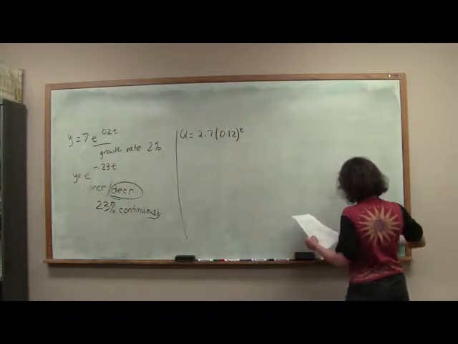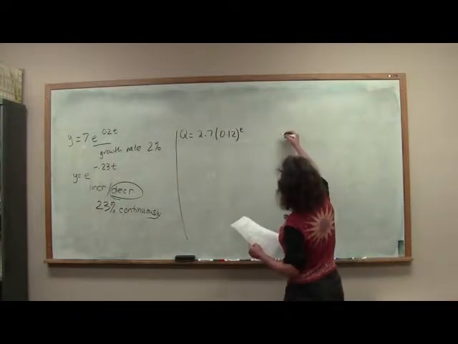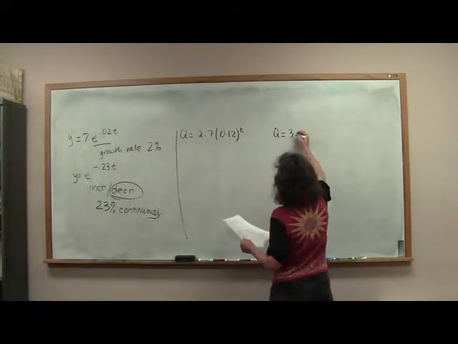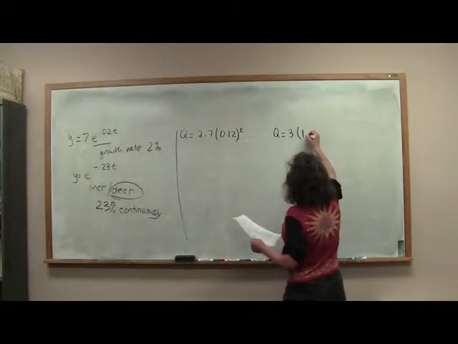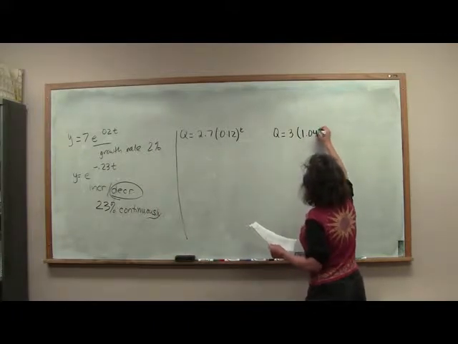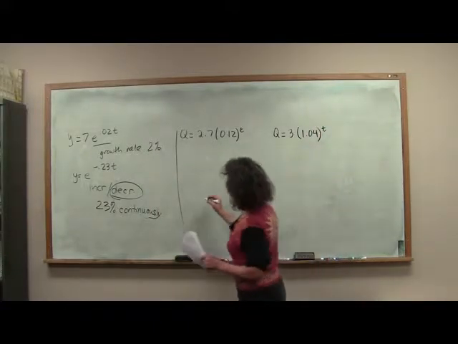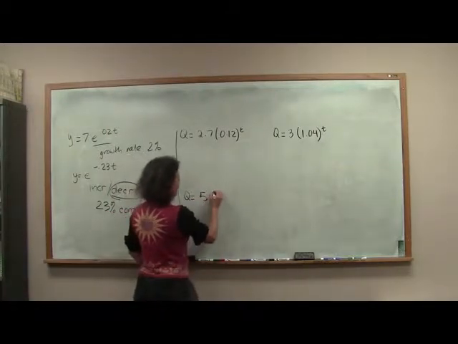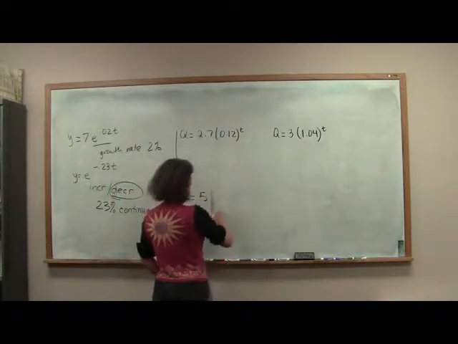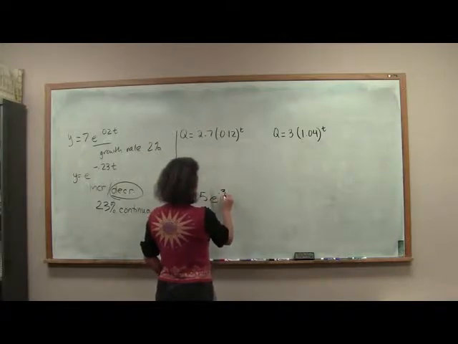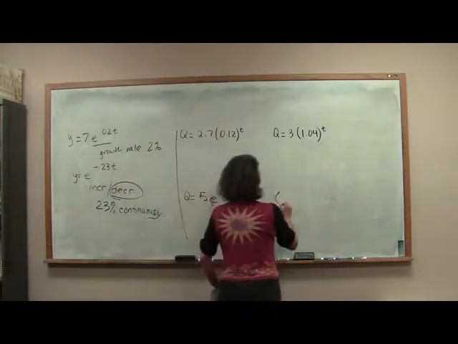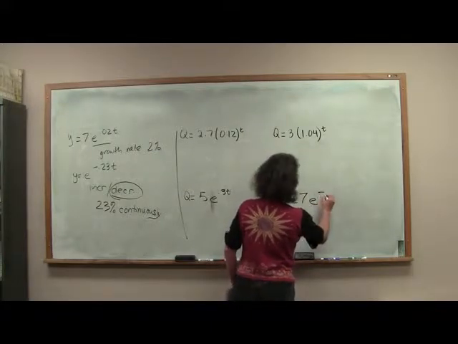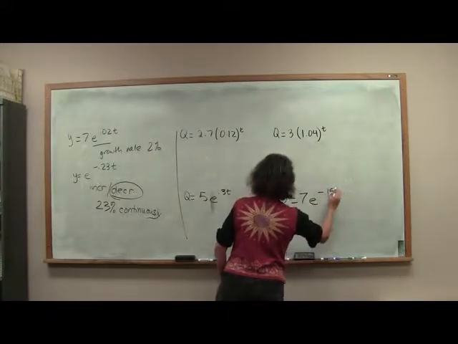And then I'm going to do Q is 3 times 1.04 to the t. Q is 5 e to the 0.3t. And then here Q is 7 e to the negative 0.15t.